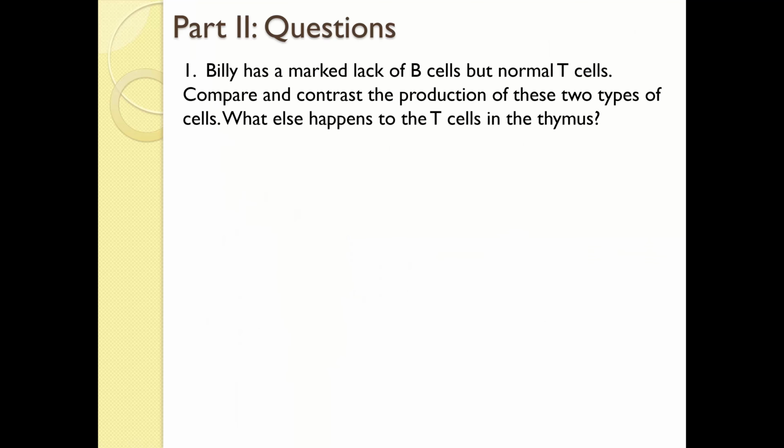So number 1, Billy has a marked lack of B cells but normal T cells. Compare and contrast the production of these 2 types of cells. What else happens to the T cells in the thymus? So all lymphocytes begin production in the red bone marrow, also called myeloid tissue, and all lymphocytes are going to start with cells called hemocytoblasts, just like all of the other blood cells.